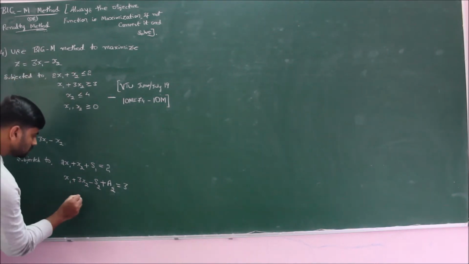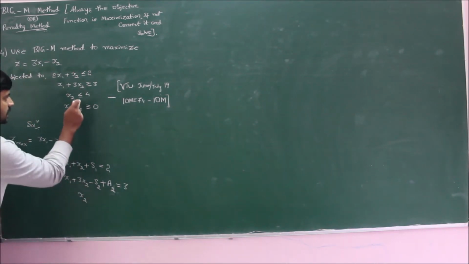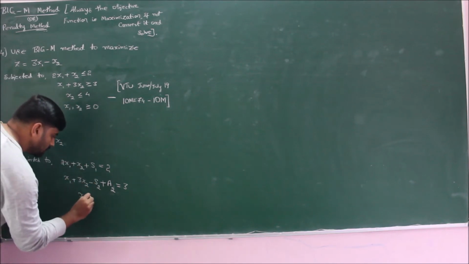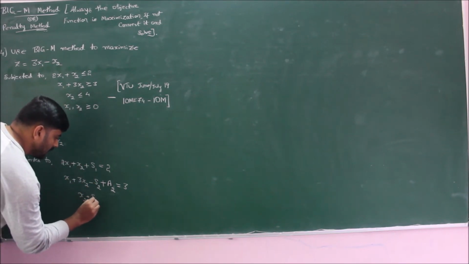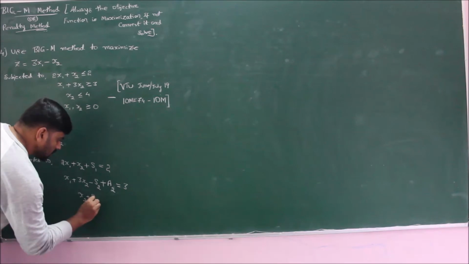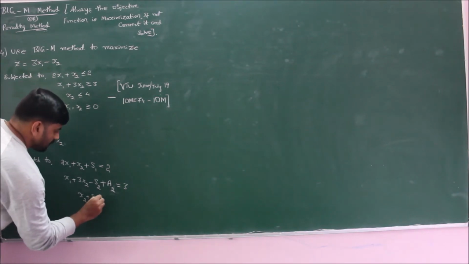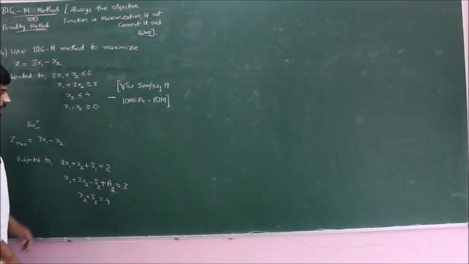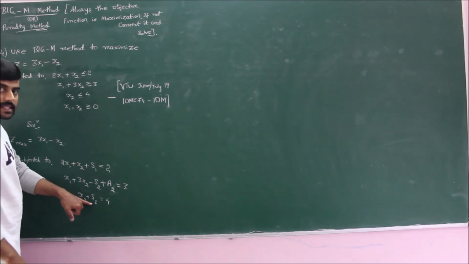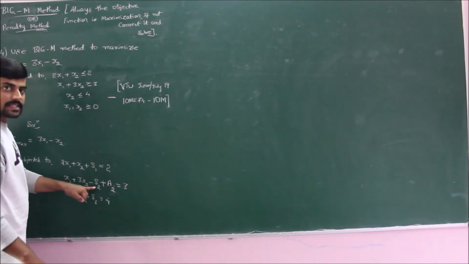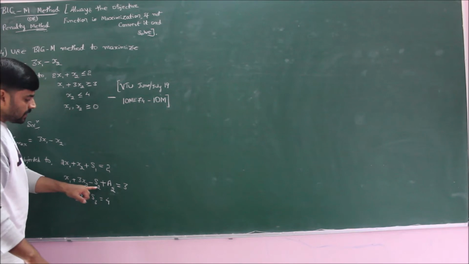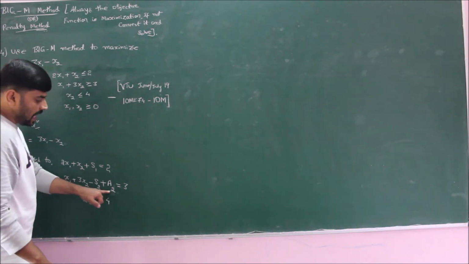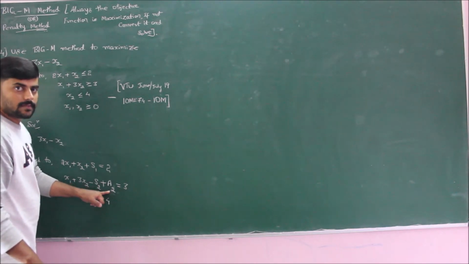And we have x2. Since it is less than or equal to, I should add a variable. Since I am adding, I will be adding a slack, so let us take the slack as s3 equal to 4. If you observe clearly, s1 and s3 are slack variables, and s2 is a surplus variable. Since it is a surplus variable, I am introducing the artificial variable along with it.